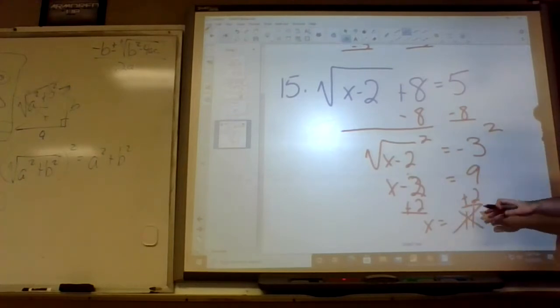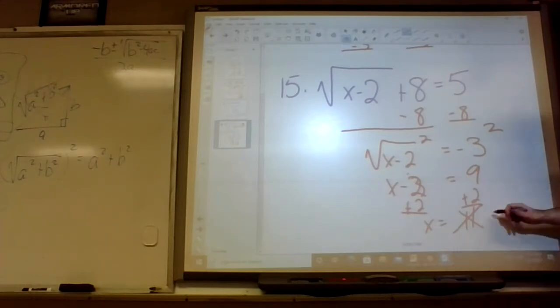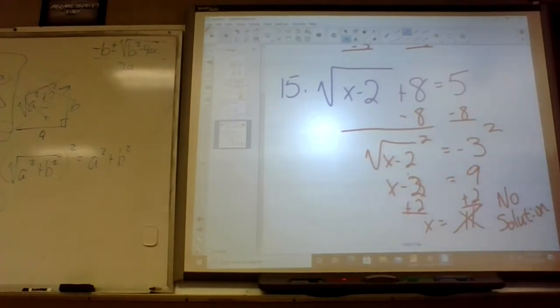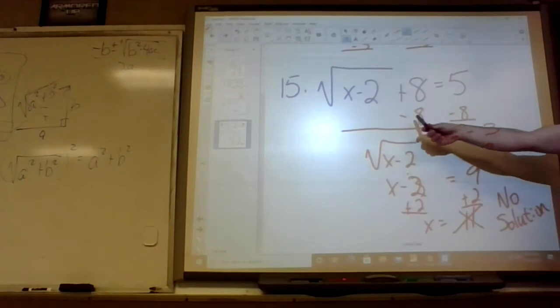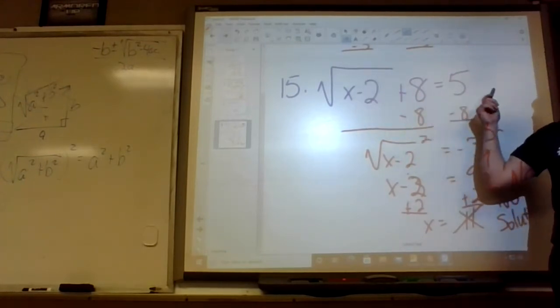This one is, well, if you would have got this far, I would have taken off 1 point. What's the final answer? No solution. Because we got an extra answer. Sometimes when you use the square trick, you get an extra answer, and it didn't work when we plugged it back in.